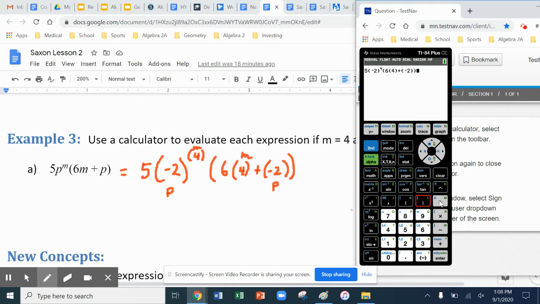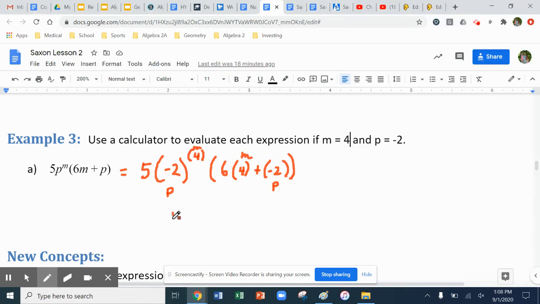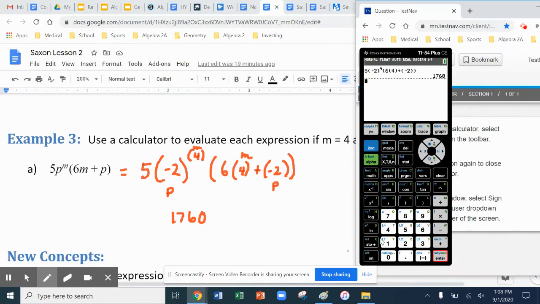Now the calculator will do all of my operations for me, and if you typed it in similar to how I did, you should get 1,760. So I'll give you one more look at that. I'll bring my calculator back up so you can see that again, but there would be my key sequence to get 1,760, and if you need to, you can always rewind the video to check that out again.